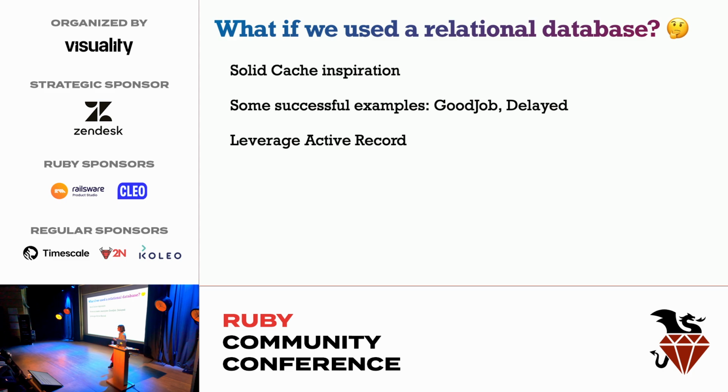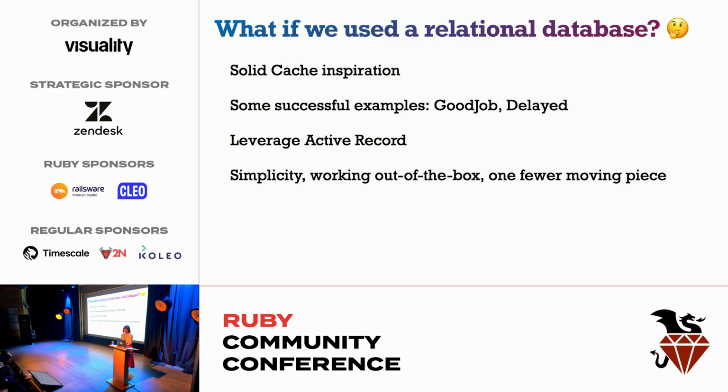But since we were going to use this only with Rails, we could leverage Active Record and have much simpler code, get things for free there. And finally, if we manage to do this, we will have fewer moving pieces, right? We wouldn't have Redis, and we could replace in Resque all those gems and all that. So we will have a simpler setup. And then maybe it could be a new Rails default, right?